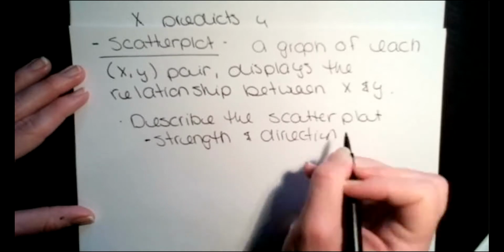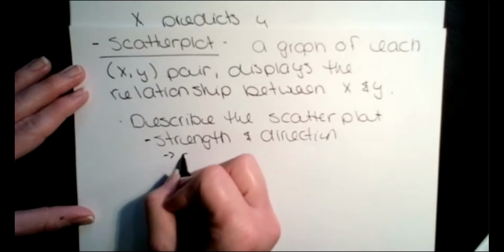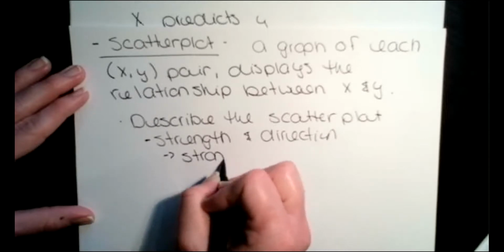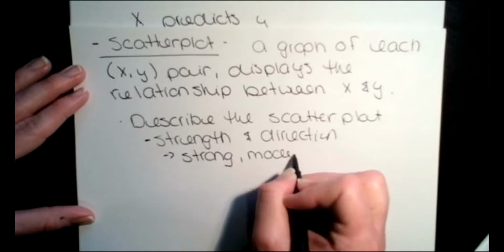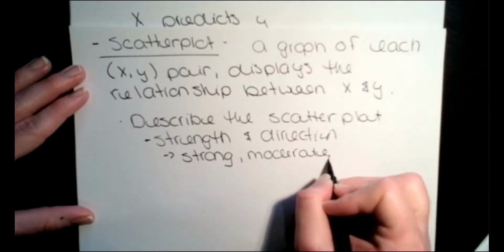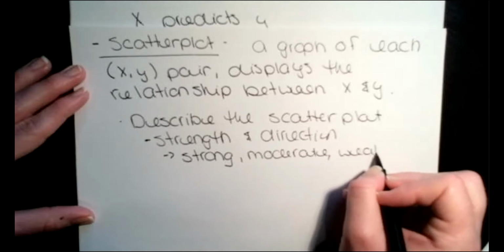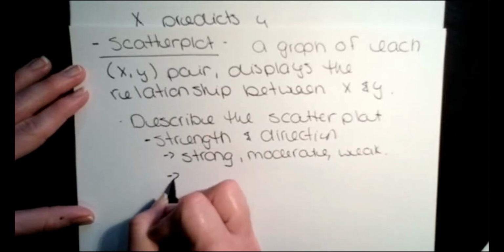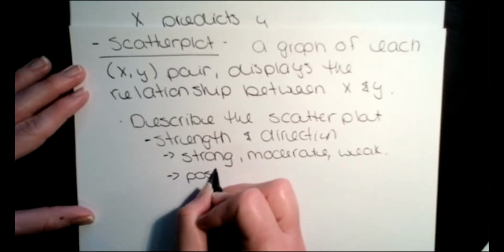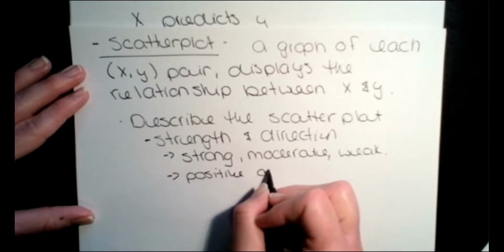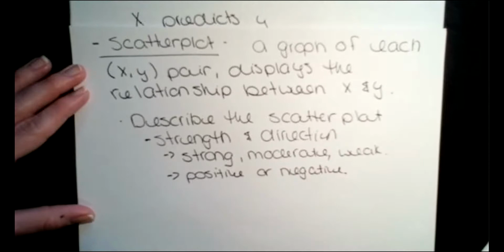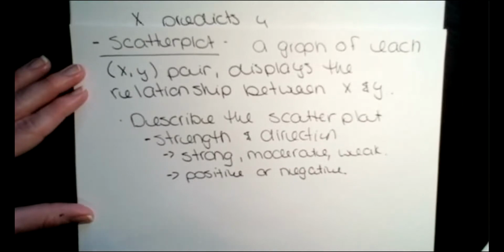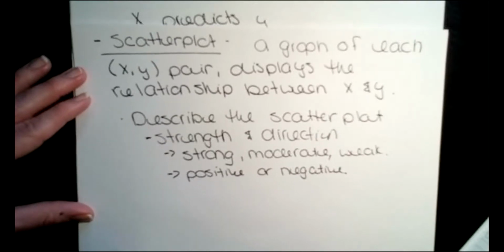So what I'm talking about here is, is it a strong relationship? Is it moderate? Or is it a weak relationship? We're also looking at, is it positive or negative? This is where we're looking at the slope of the line, positive or negative slope, okay?